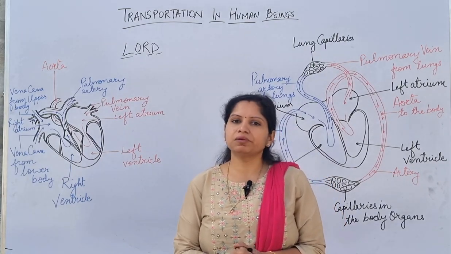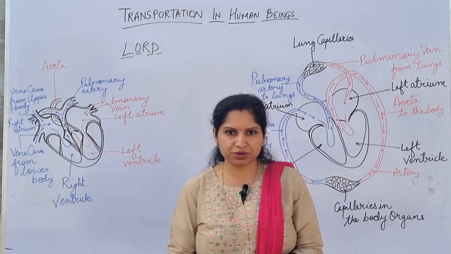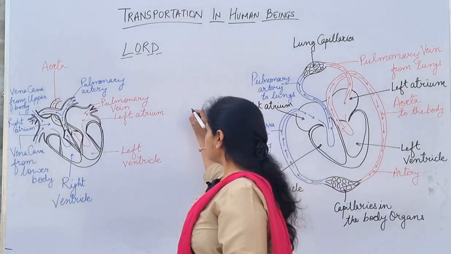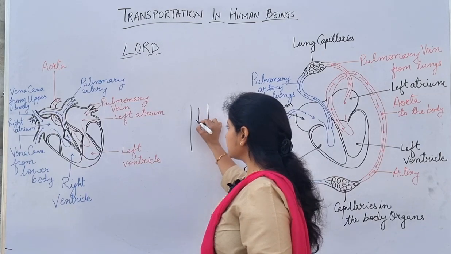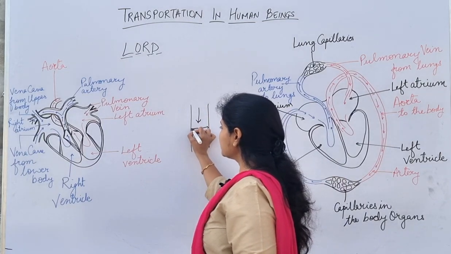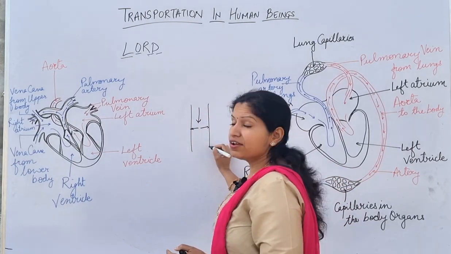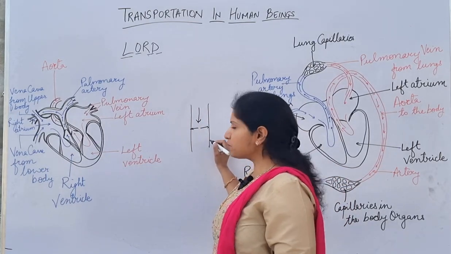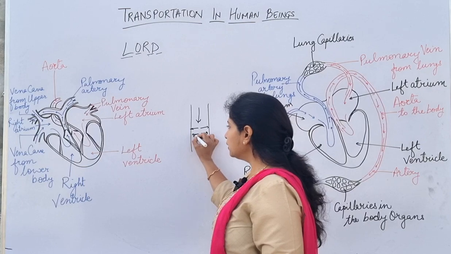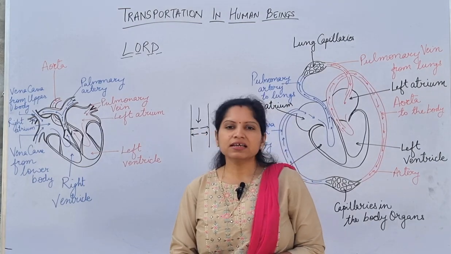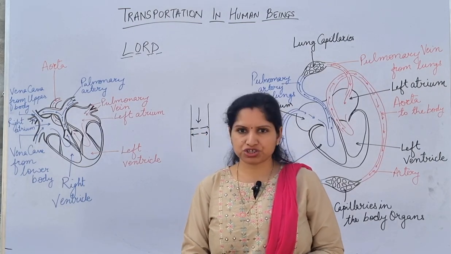First, talking about the blood pressure. What is blood pressure? When the blood is moving in the vessels, then it is going to exert a lateral pressure on the walls of the blood vessels. This pressure exerted by the blood on the vessel's wall is known as blood pressure.